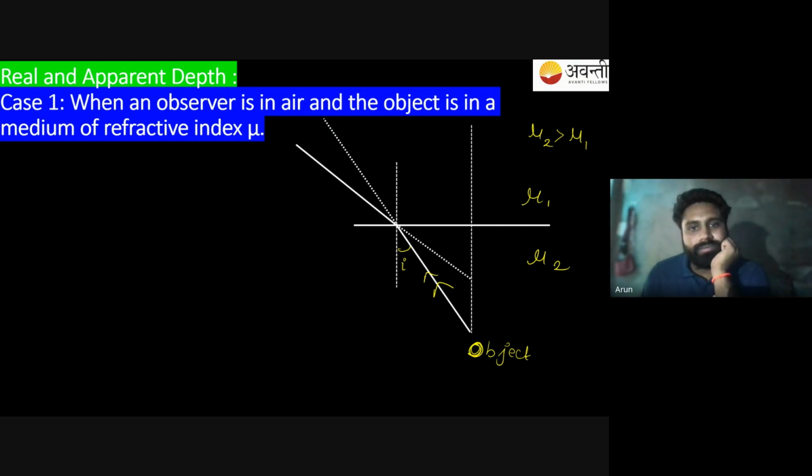This angle is nothing but the angle of refraction, which is r, and the ray is going like this.